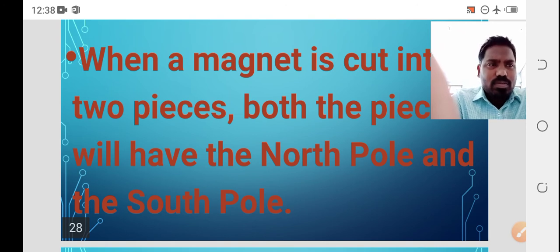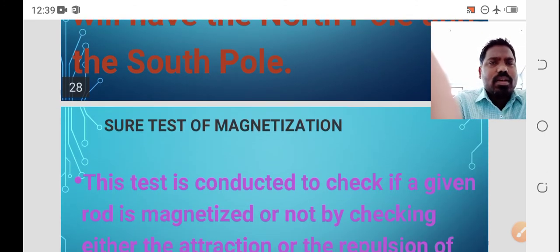We cannot imagine a magnet with only a single pole, only a north pole or only a south pole. It is impossible to have a magnet with a single pole. A magnet always exists with two poles, south and north. So that is the reason a magnet is always called a dipole material, not a single pole.